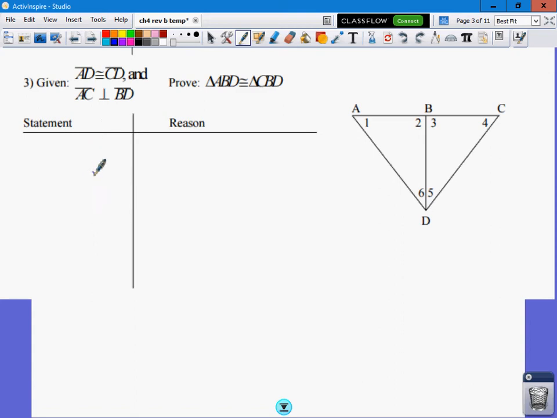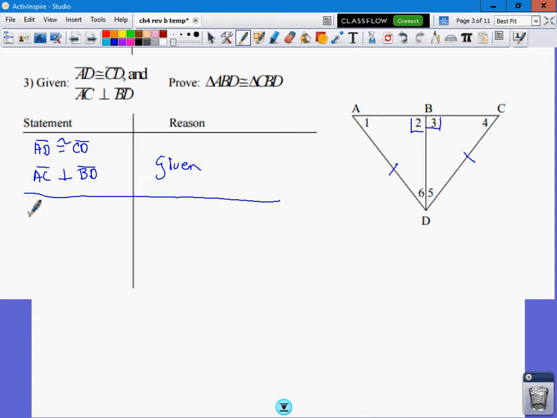Number 3, segment AD is congruent to segment CD. They've given me information. I'm going to mark that in my picture. Segment AC is perpendicular to segment BD, and I'm going to mark that in my picture. If two things are perpendicular, they form right angles.